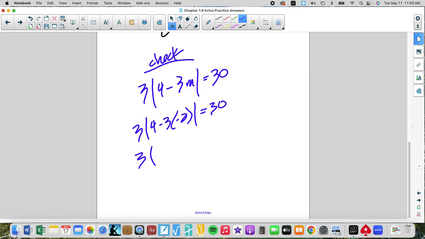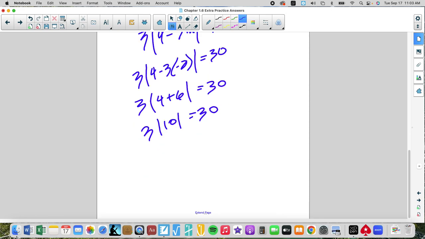So 4 minus 3 times negative 2, we're going to do the multiplication first. And now we're going to simplify still. Order of operations: absolute value is a form of grouping symbols. That's why I'm simplifying inside the absolute value.